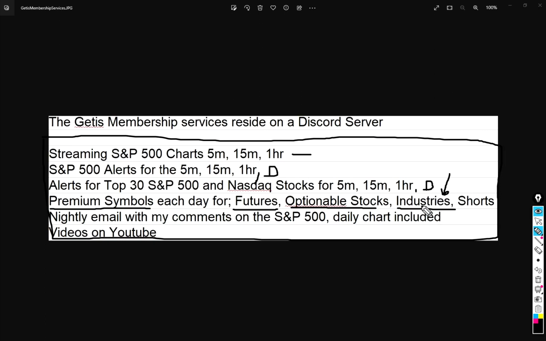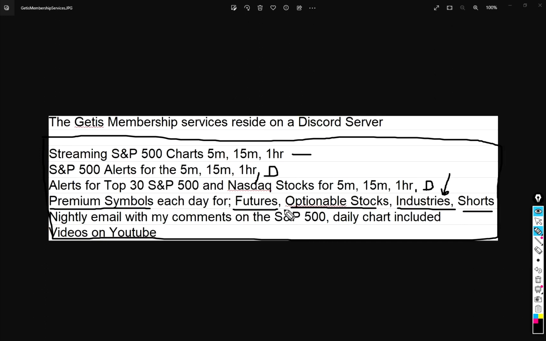Well, if they see the sectors and subsectors come up, these are all just files that sit in the premium symbols channel on the Discord server. And then shorts: I have logic that checks for symbols that look like they're getting set up for a short, and then there'll be a file in there for shorts. If there's not a file for that day, it just simply means the logic didn't see anything to pick up for those particular categories. Don't worry about it.